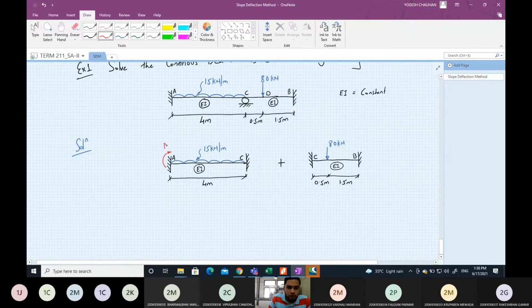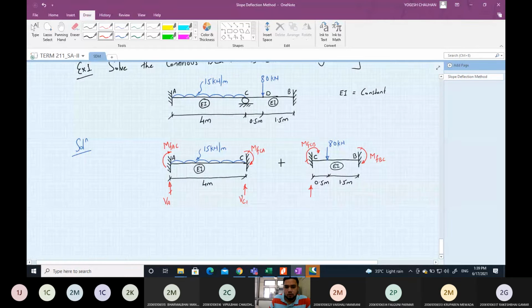So the fixed moment here would be MF A to C. The fixed moment here would be MF C to A. The fixed moment here, MF C to B, and the fixed moment here would be MF B to C. The vertical reactions, let them be VA, VC1, VC2, VC3, VB.